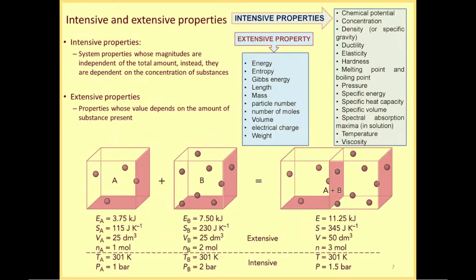System property measures are distinguished into intensive, independent of a system mass, and extensive, system mass dependent. These intensive properties have magnitudes independent of total amount.